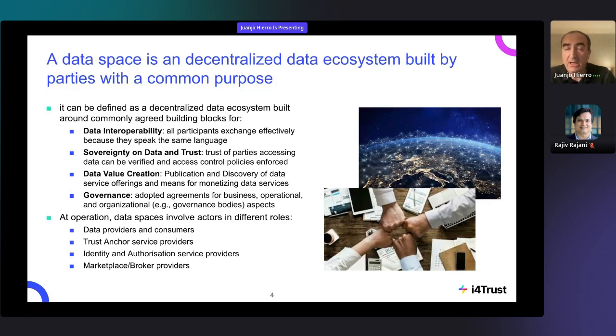First of all, data and data service providers and the consumers of those data services.